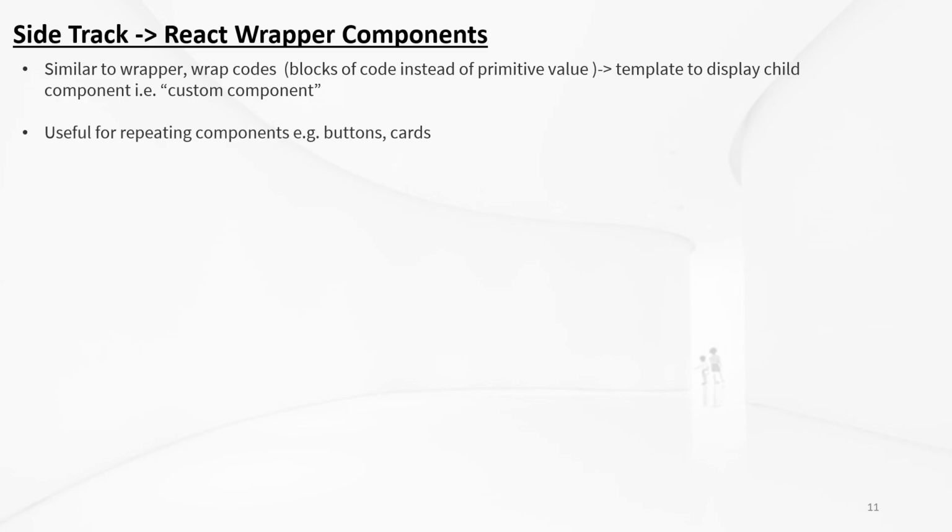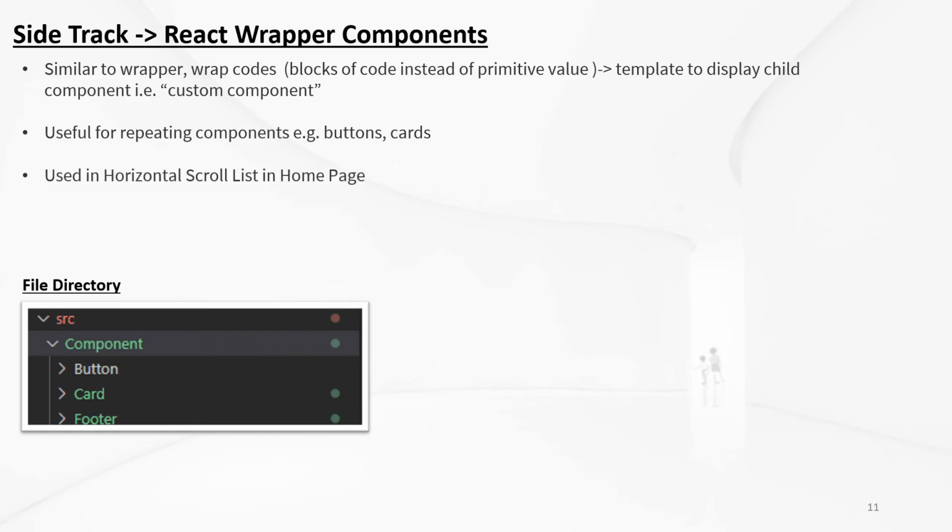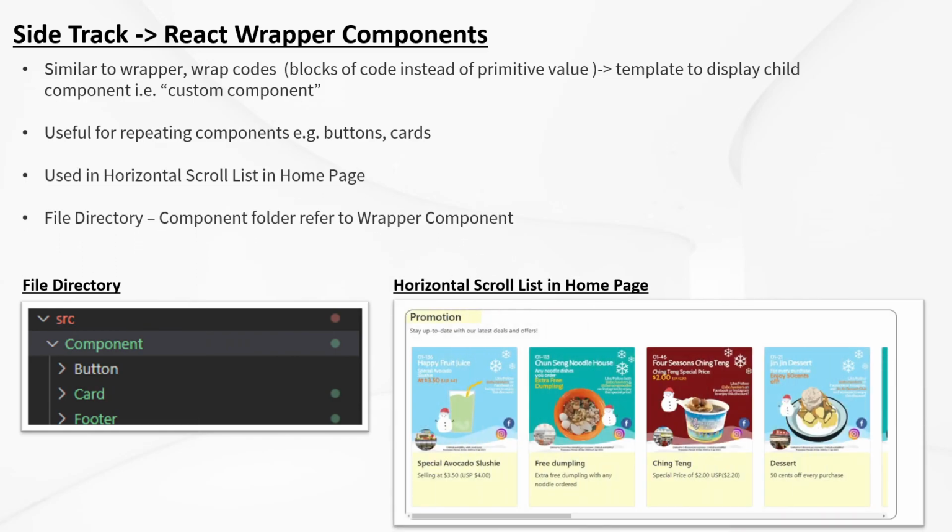This customized component is very useful for repeating React components such as your buttons and cards. And do note that we are no strangers to it, because if you remember, in the homepage there's a horizontal scroll list. In fact, each tile in it is using a React wrapper component.